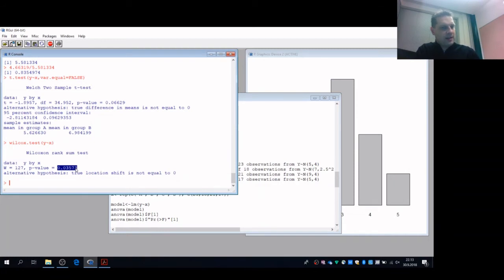Having said that, this does not mean that you should always use this Mann-Whitney type of test. On the contrary, you should continue to use the t-test and Welch t-test first, and if there's clear evidence of normality not holding, then we can go for this sort of a non-parametric test.